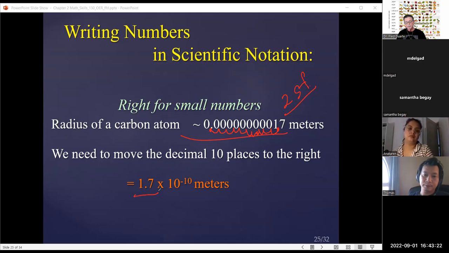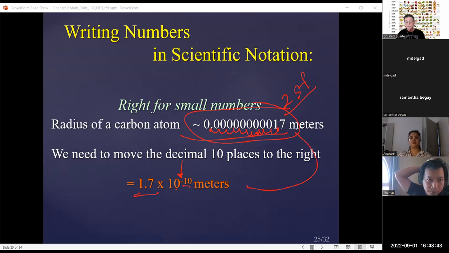And so it is 1.7 times 10. Now, this time the exponent represents how many decimal places I moved, but I have a negative this time, because this is a number less than 1. So this number in scientific notation is presented as 1.7 times 10 to the negative 10.